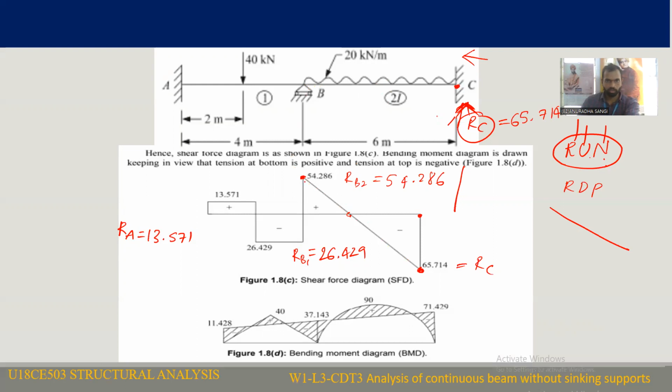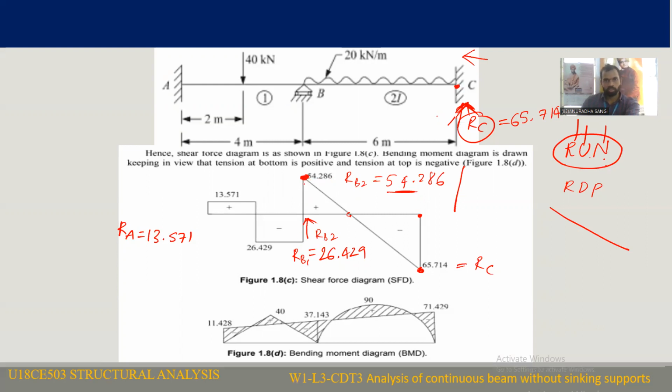Okay, at B we have another right side upward force. We are coming from right to left now, so this will be considered a right side upward force. That is RB2 54.286. You locate the 54.286 point approximately.